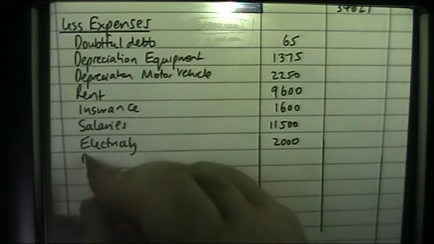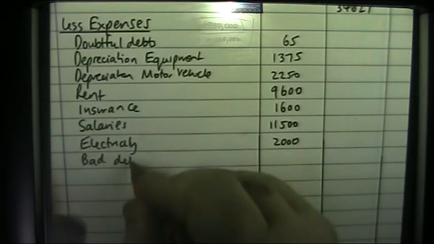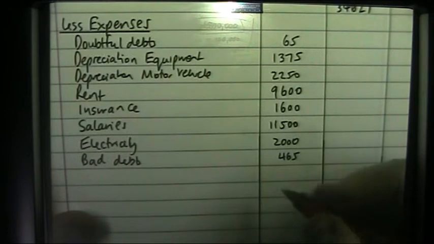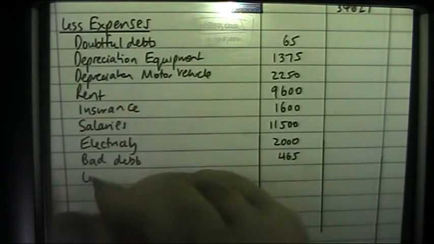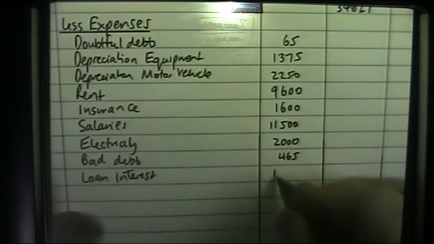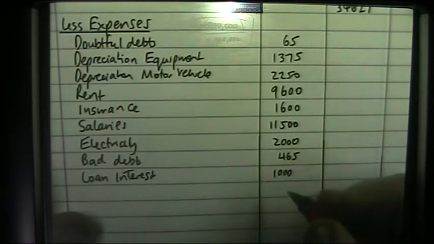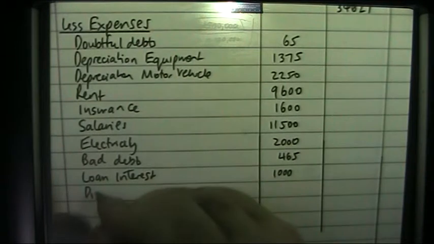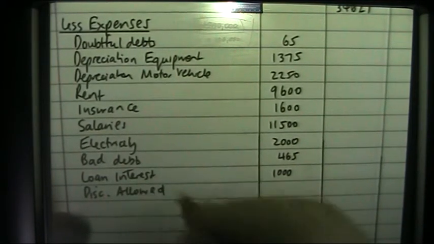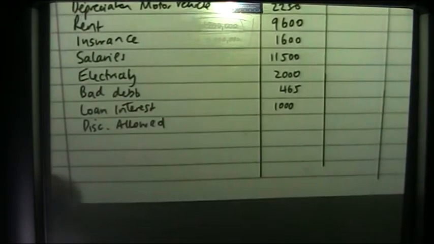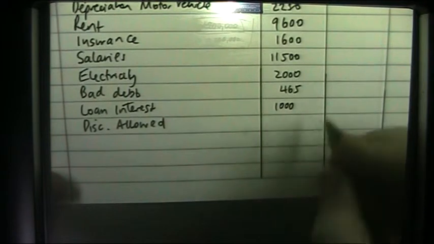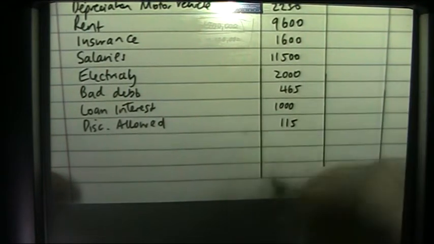I've got bad debts for 465. I've got loan interest for 1,000. I've got discounts allowed. Move that up. We're getting a big list and I'm running out of room on my page. Discount allowed, which is 115.